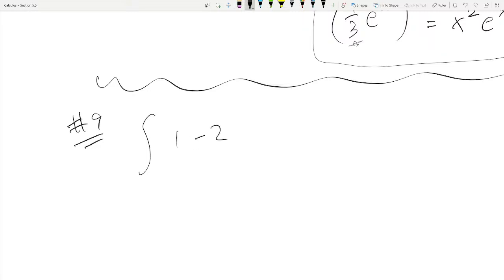We've got 1 minus 2x to the 9th power. And so what I say to myself is, geez, I wish that was u to the 9th, because I am so good at that. And in order to get there, I would have to pick u to be 1 minus 2x, because then I'd have u to the 9th.